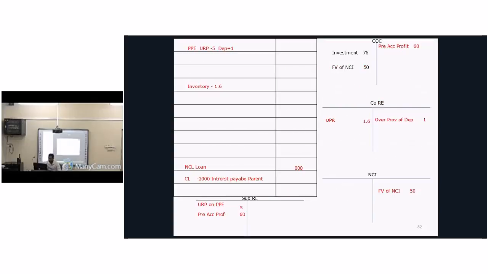Receivable credit 4,000. Credit means minus 4. Check in transit debit. Debit means plus 2.5.